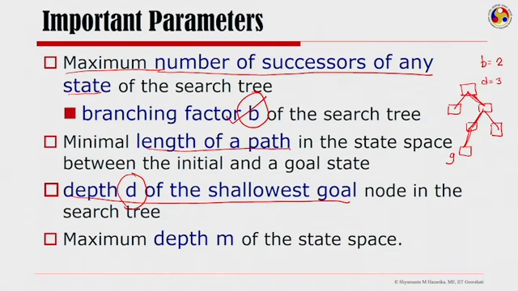And I could have a maximum depth which goes on, it could be infinite, and that maximum depth of the state space is M. So given these parameters, and given the idea that we could search a directed graph to arrive from a given state to a given goal, we look at a graph search procedure.